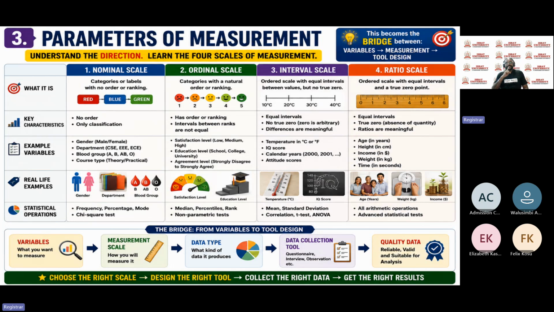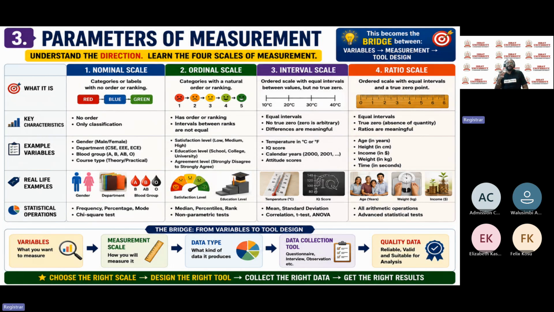So the key characteristic of nominal scale is that it has no order and there is no classification. Best examples, as I told you, are gender and departments like computer science engineering, electronics engineering, electrical and communication engineering, then blood groups and course types. That all comes in nominal scales.